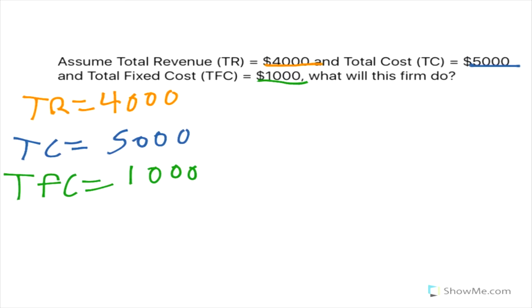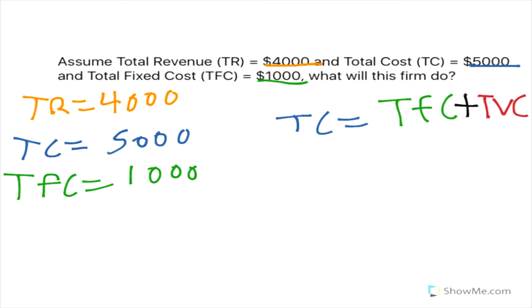Now, to determine if a business should stay in business or shut down, we need to know their total variable cost. We know that total cost is equal to total fixed cost plus total variable cost. But we don't know what total variable cost is.